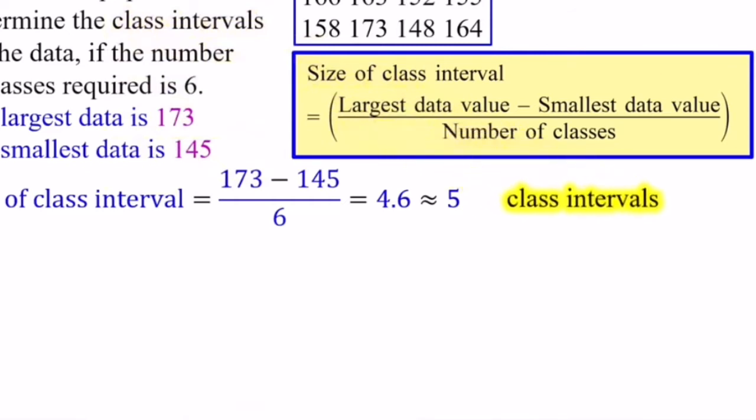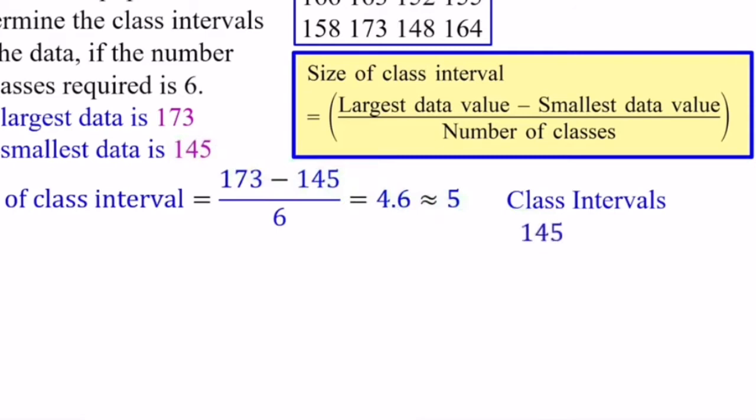So how to form the class interval? Of course, we will start with the smallest data, and then we will keep on plus 5. 145 is the lowest. If you want to have 5 data inside, 145, 146, 147, 148, 149, right?